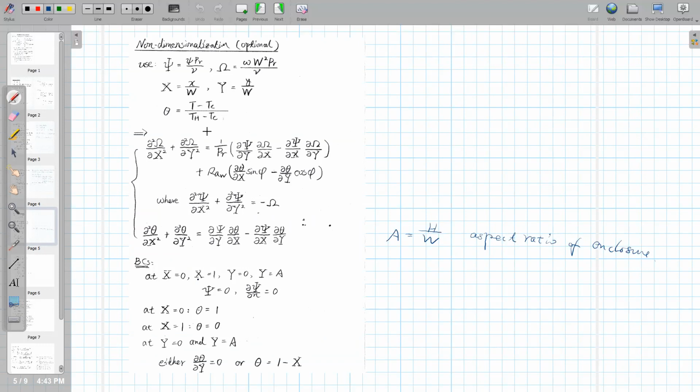It means the result obtained from the non-dimensionalized form will be much easier for you to analyze.